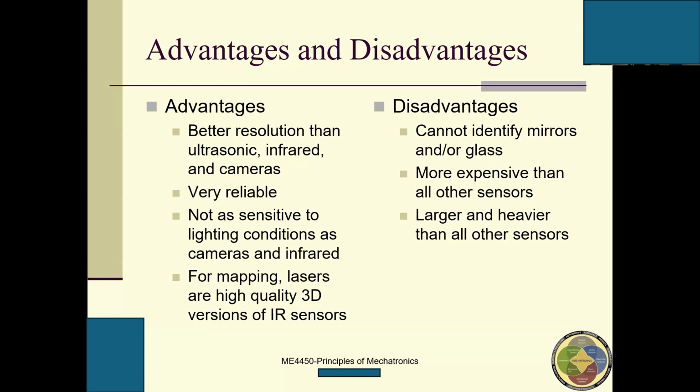Because mirrors and glasses reflect. Be very careful. If you want to use a laser to measure, be very careful. You may damage yourself. More expensive than all other sensors, larger and heavier than all other sensors. Why is it larger and heavier? Because there is a laser generator.